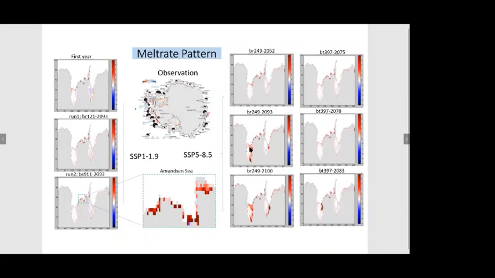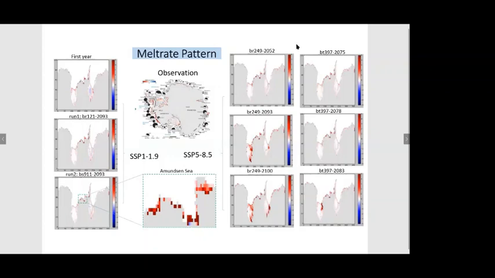And this is the end year of the run, and a similar thing happens, but very late in the run, 2093, where the Filchner-Ronne also shows the same thing, and I think if we keep running it longer, it will also be filled with red.